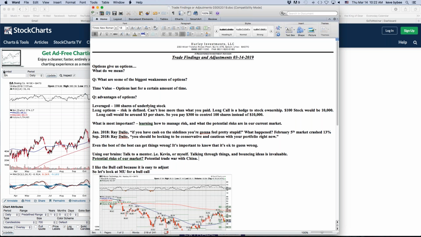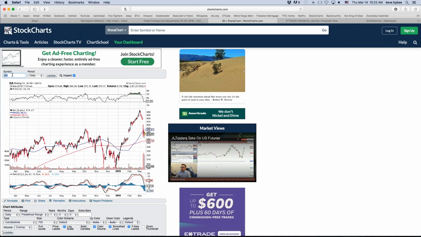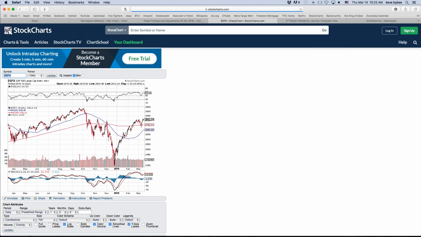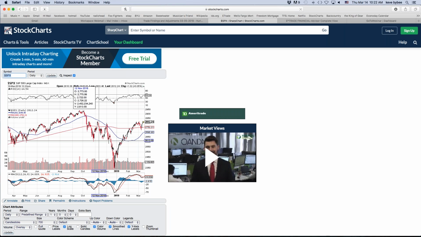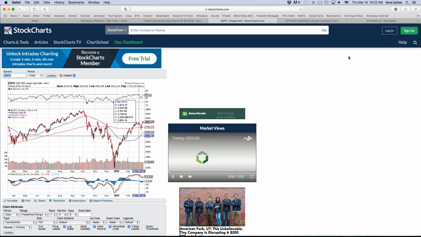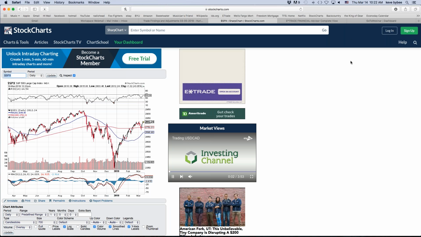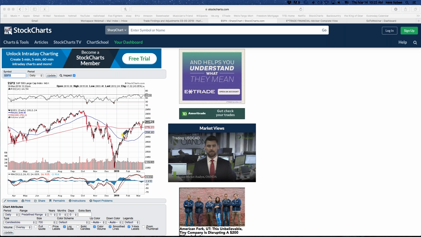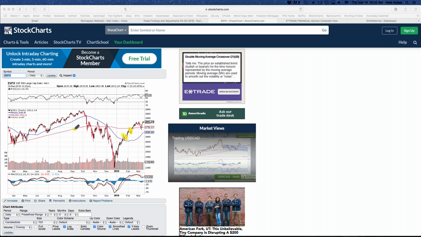This year, there have been a few small pullbacks. Let me go to the chart here. Right here, a little bit, right there. Struggling to get over the 200-day, this red line here.